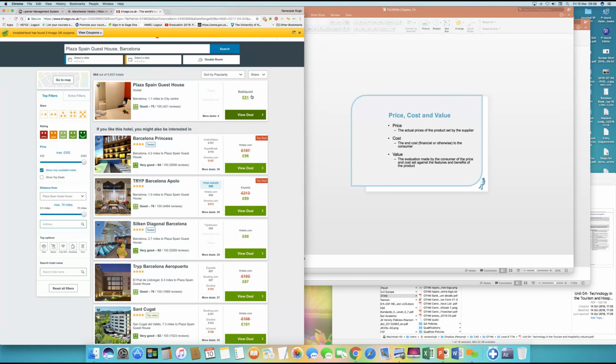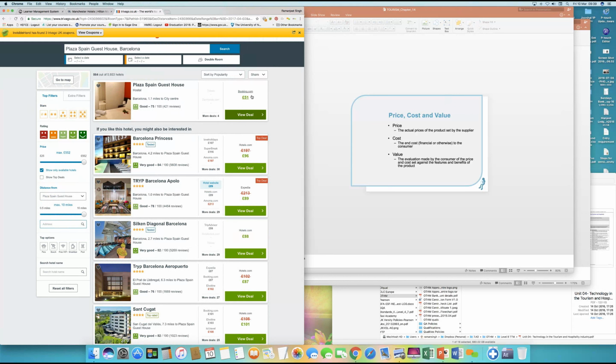This is the price which Trivago as a website is advertising. And you and I clearly know that this is a price which has been set by the supplier, that means Trivago, in this case, which is supplying the information to us when I'm browsing as a customer. But their own price might be lower than 51 pounds because they have to make a profit in the middle, isn't it?